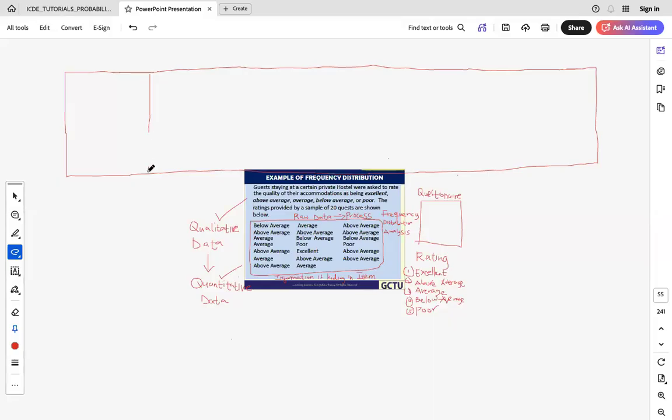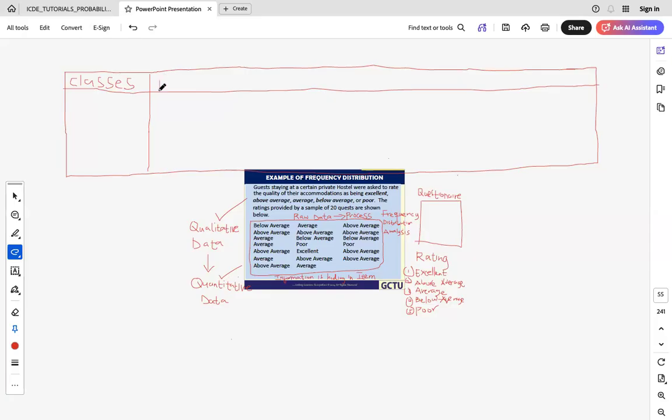You label the first column as your class intervals. That is the label we give the first column. Some also shorten the class intervals and then they are called classes. You can either write classes or class interval.